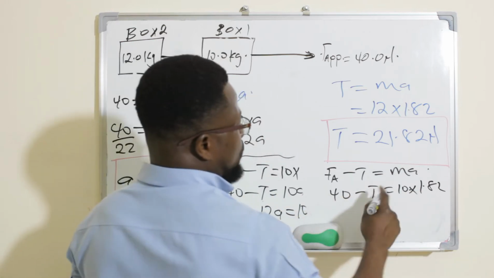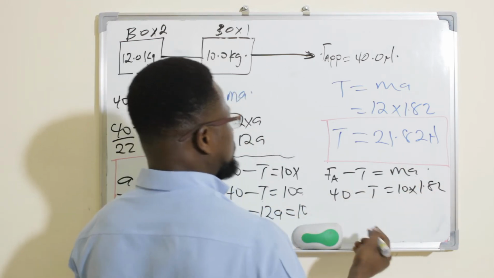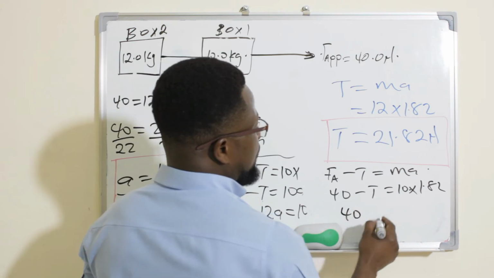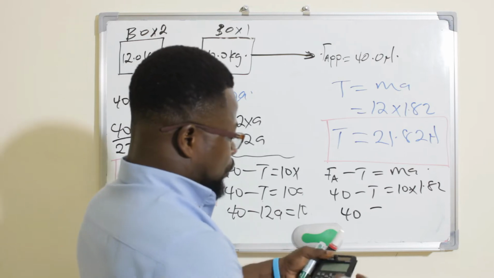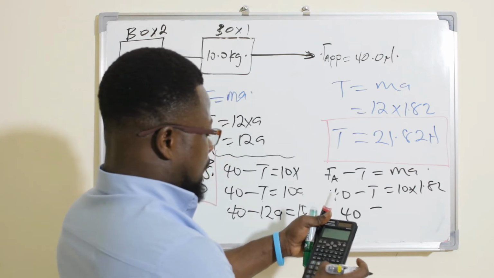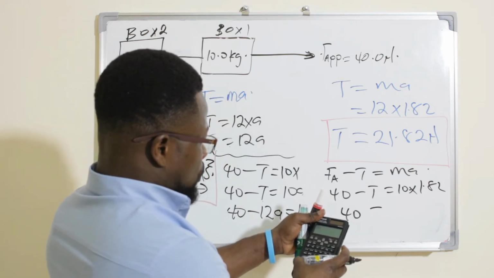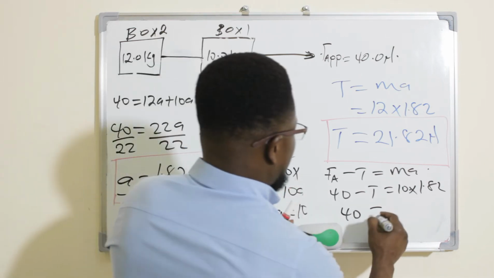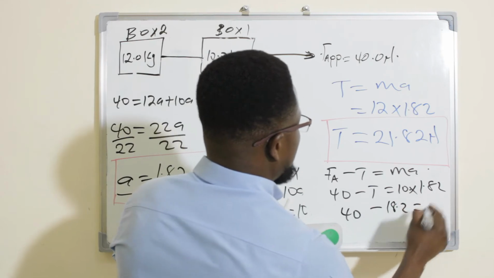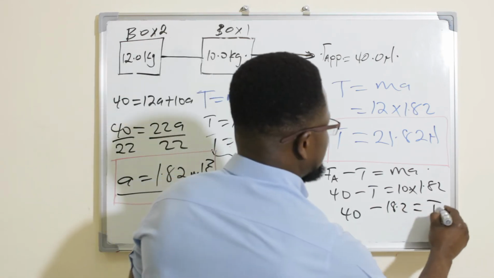And then straight away we will transpose this to this side and transpose there. So we have 40 minus this multiplied by that. Let's quickly do that and say 10 multiplied by 1.82, and that we are having 18.2 equals to T.